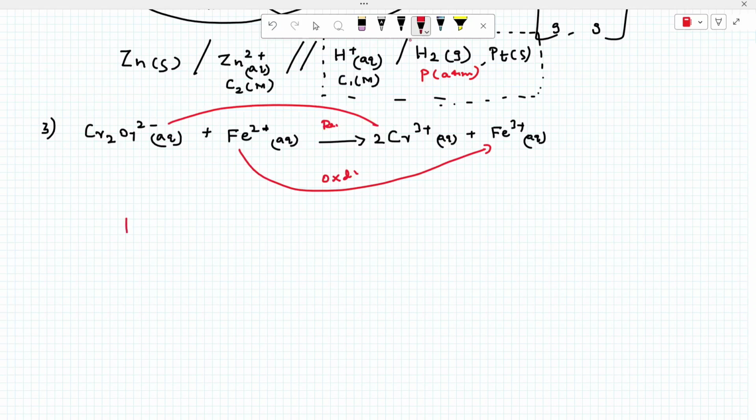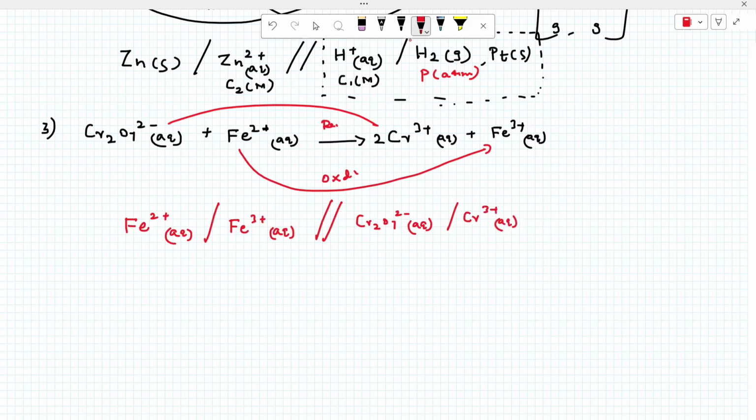Tell me the cell representation. Fe2 plus aqueous converts to Fe3 plus aqueous. Now double vertical line. Similarly, Cr2O7 2 minus aqueous gives Cr3 plus aqueous. Okay, you correct it, students. Is the solution over? No, sir, not over.